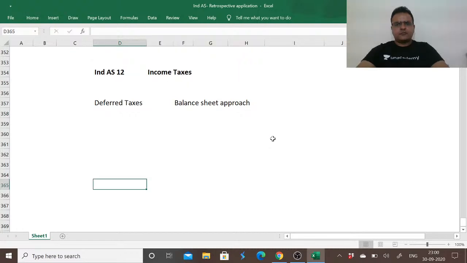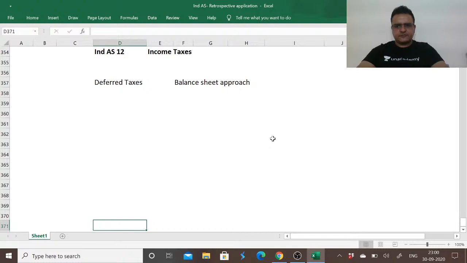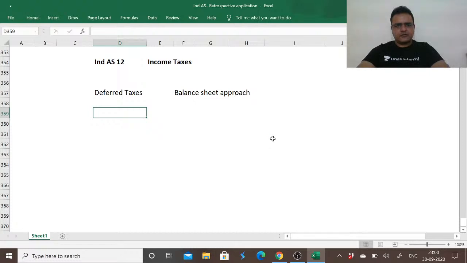Now in the balance sheet approach, we will directly compare the carrying amount of an asset with the tax base of an asset. To be able to understand it, let's understand the reason for deferred taxes.